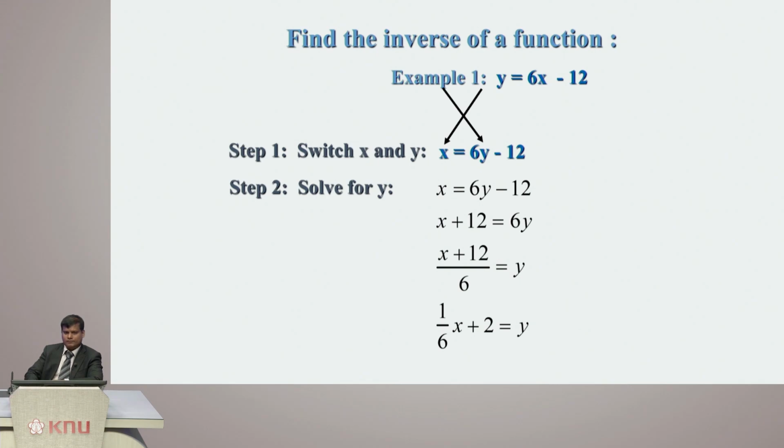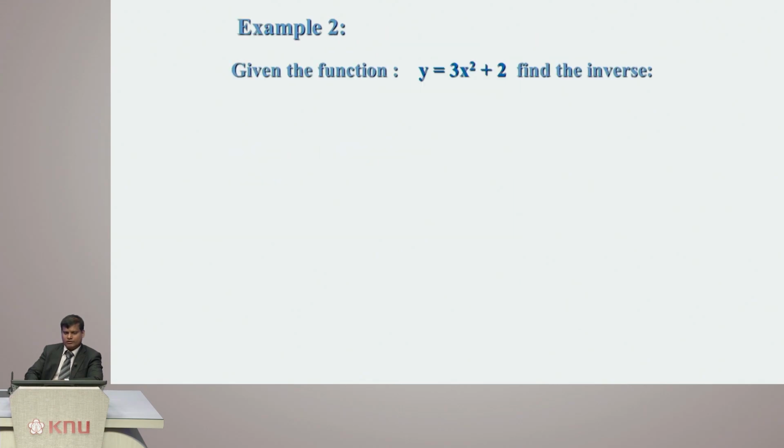In the last two examples y is given to you, but in the previous example the function f of x is given. So since y is given to us, let's switch x and y.